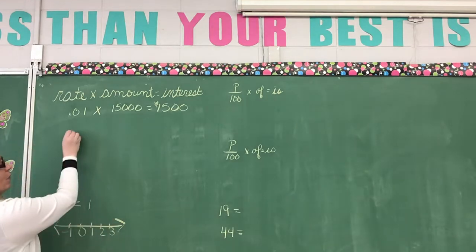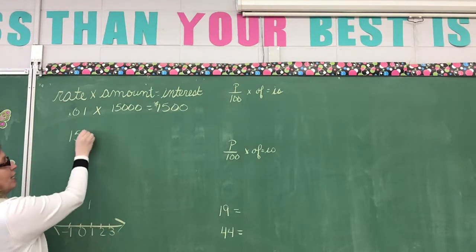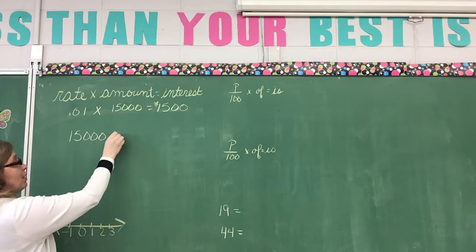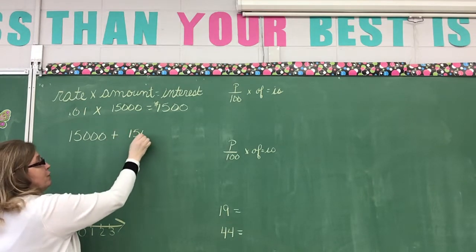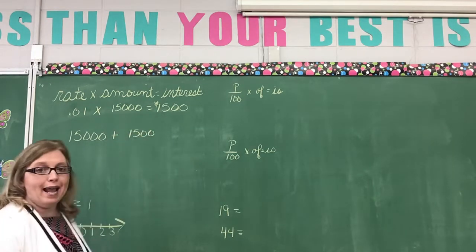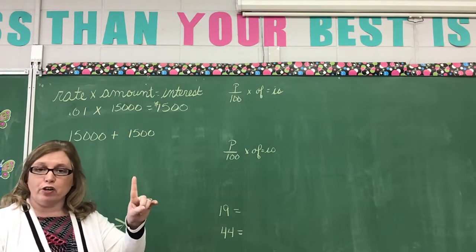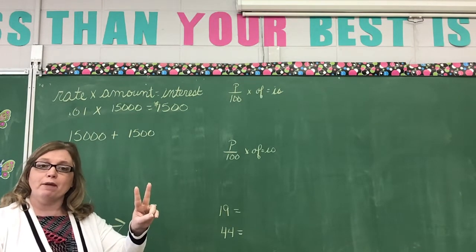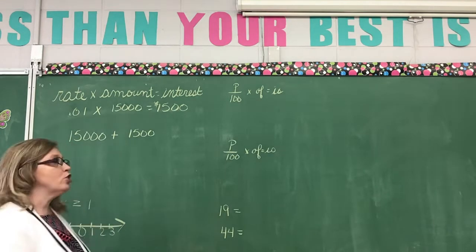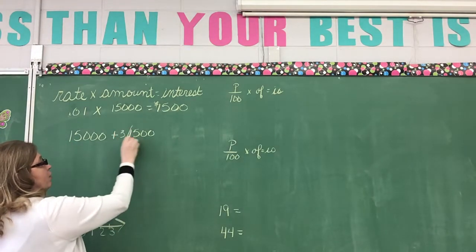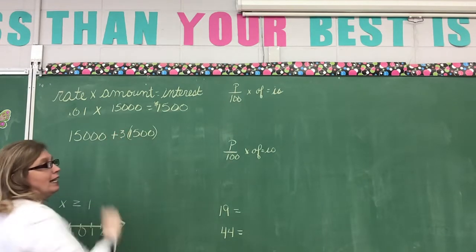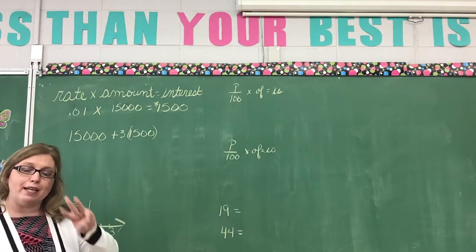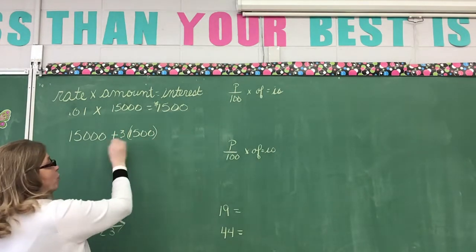So what does he have in the bank? He has $15,000 plus he has the $1,500 that they're going to pay him for the first year. They're going to pay him $1,500 for the second year, and they're going to pay him $1,500 for the third year. So we're going to multiply the 1,500 by 3 because he left it in there for 3 years. Once we do that, we're going to add them together.